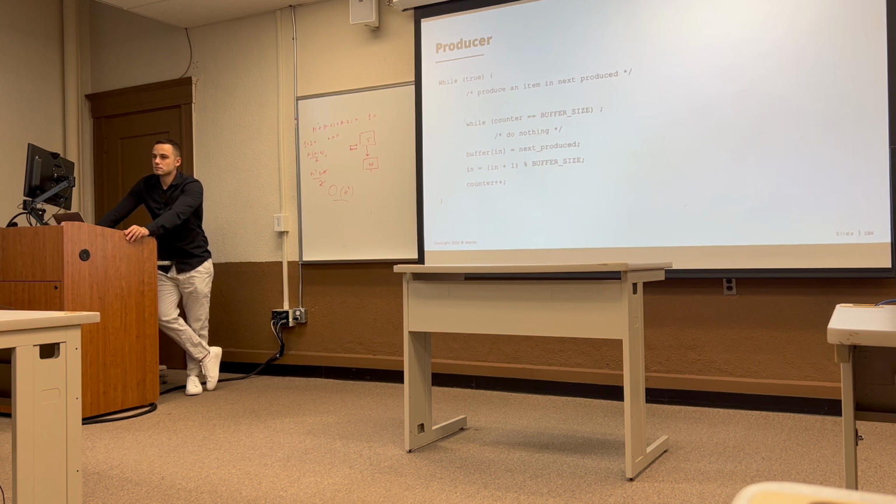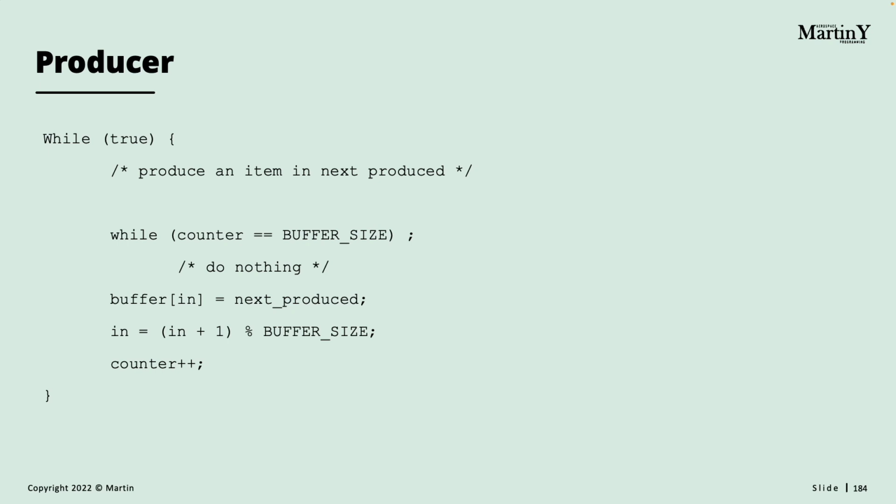One of them is adding information to the buffer, the other one is taking information from the buffer. So let's say that the producer, in order to keep track of what's added and what's taken, let's say we create a variable called counter.